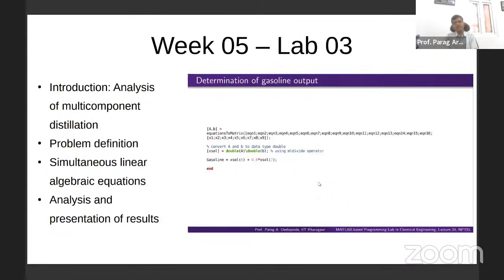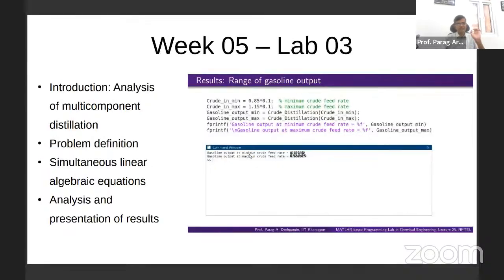Another way of solving this matrix equation was to use the mldivide operator, where you simply give the solution as the matrix A divided into the vector B. So this is how you learned how to solve the simultaneous linear algebraic equations.